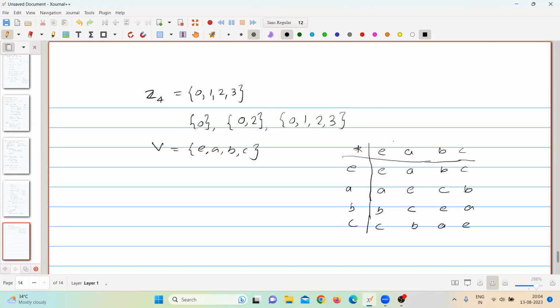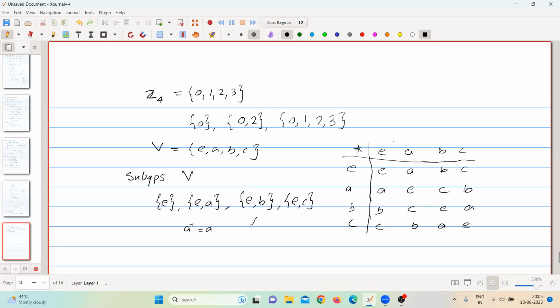Let us check whether they have the same number of subgroups. The set {E} is a subgroup. {E, A} is a subgroup, right? You can check the closure property: A star A equal to E, so whatever operation I take, it belongs to this set only, and the inverse of A equals A. In the same way, {E, B} is a subgroup and {E, C} is a subgroup.